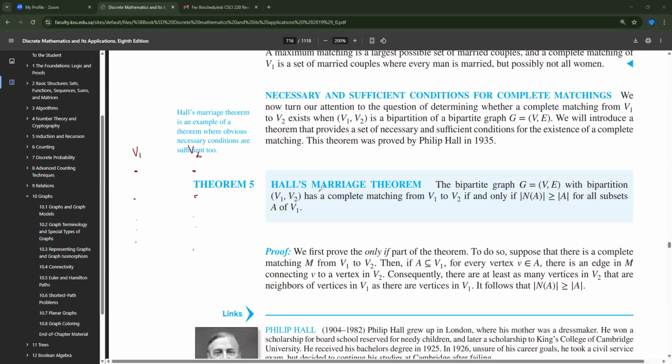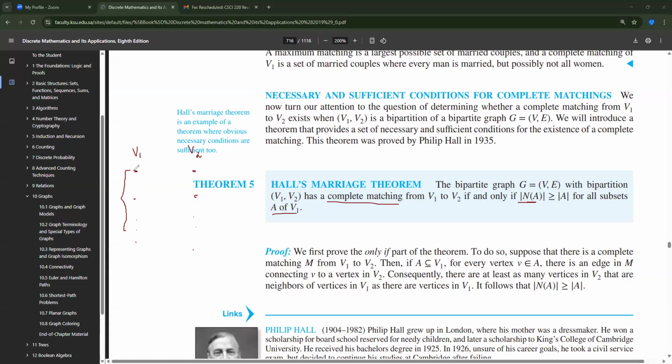It has a complete matching from V1 to V2 if and only if, for all subsets A, so for any subset of nodes I choose in V1, it has a complete matching from V1 to V2.